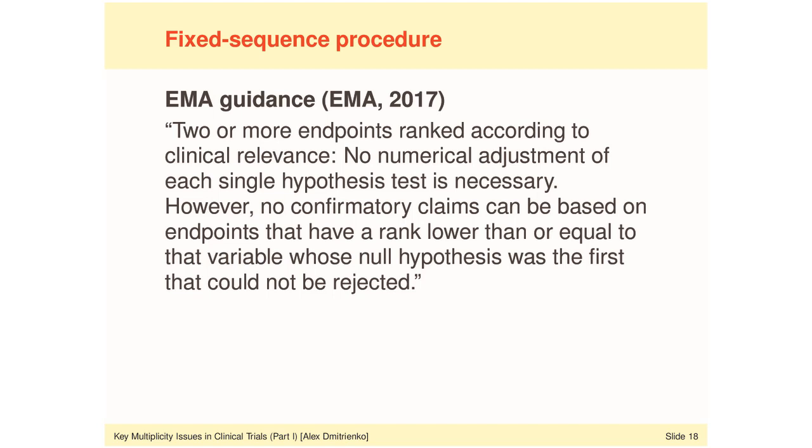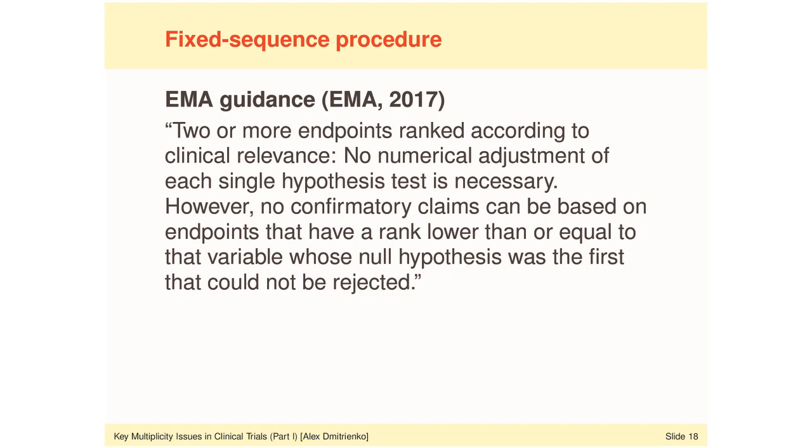The key properties of the fixed sequence testing approach that we have discussed in this section are recognized in both FDA and EMA guidelines on multiplicity in clinical trials. For example, when we look at the EMA guidance, specifically at section 5.1, it considers the following setting: 2 or more endpoints ranked according to clinical relevance.